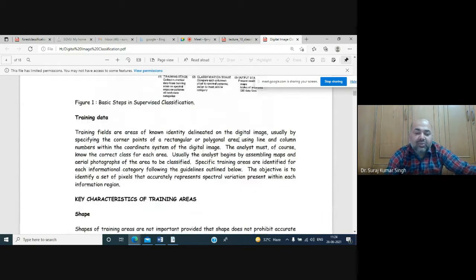First, you have to provide the training data. What do you mean by training data? Training fields are the areas of known identity delineated on a digital image. As I keep emphasizing, you know that area, and the signatures I am trying to give or classify are from an area that I am familiar with, and I know what the class is.